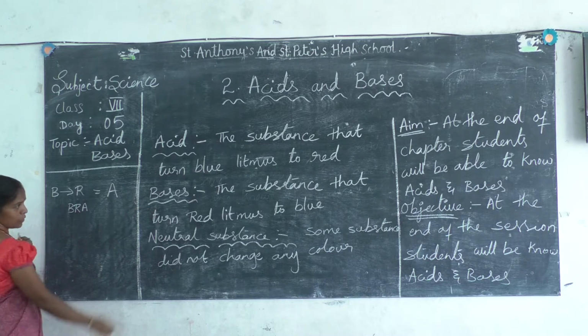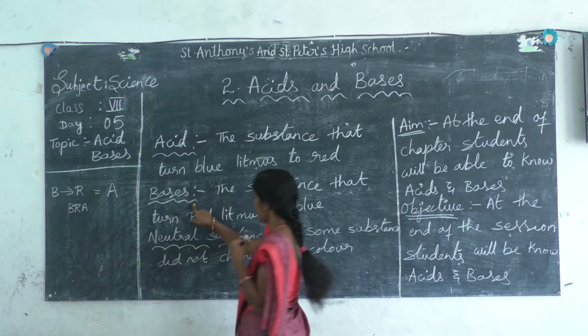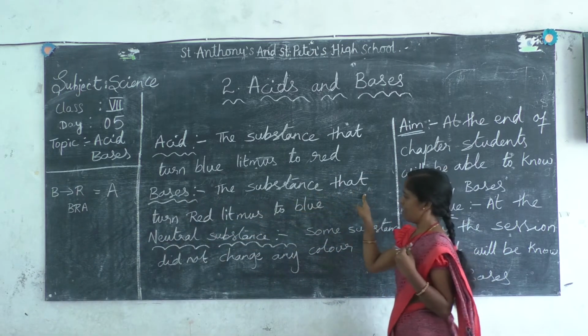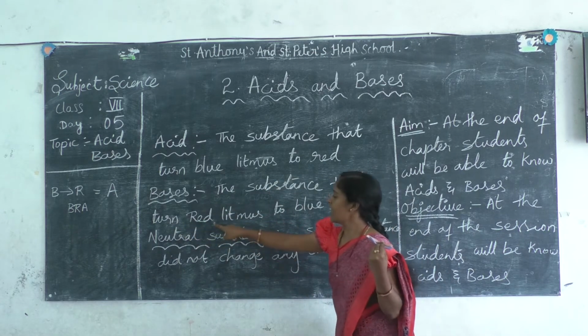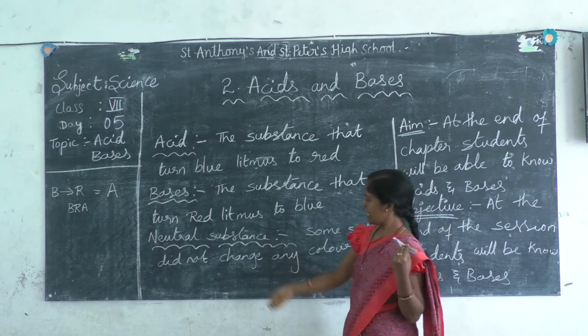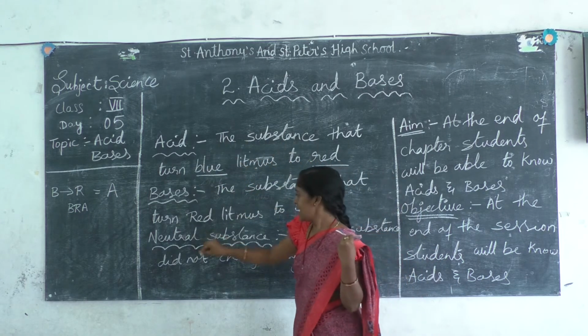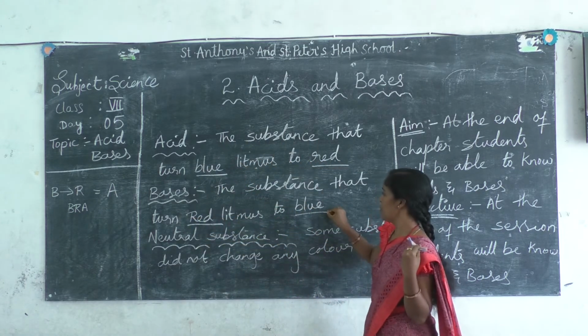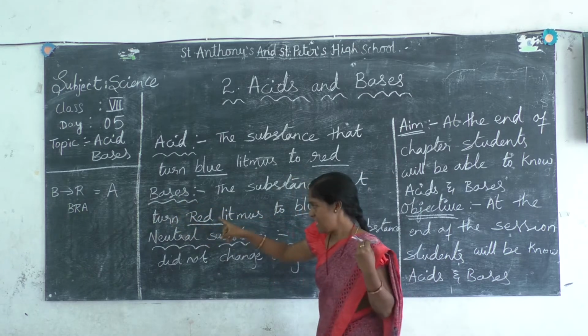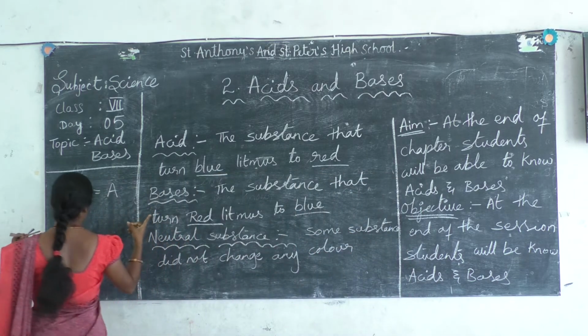Now we come to the base. Base: the substance that turns red litmus to blue. Here it is blue to red, so it is acid. Here it is red to blue, so it is a base. Again we will write here.